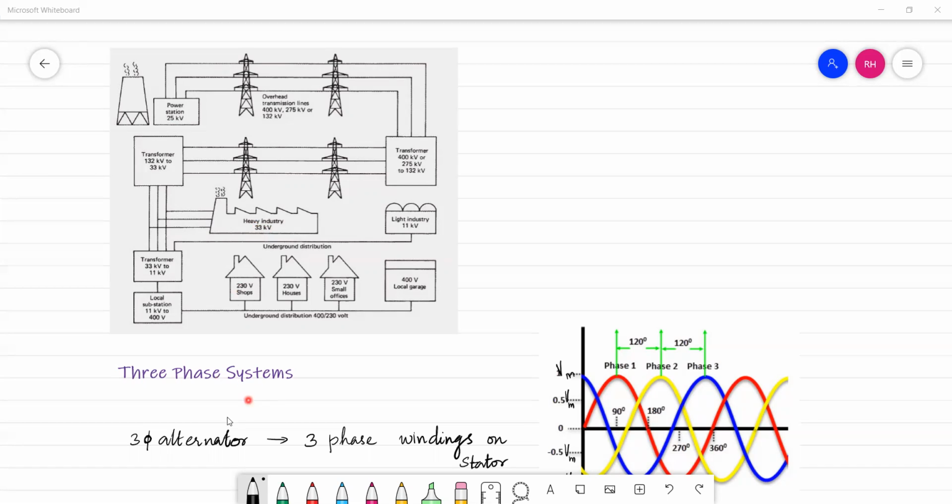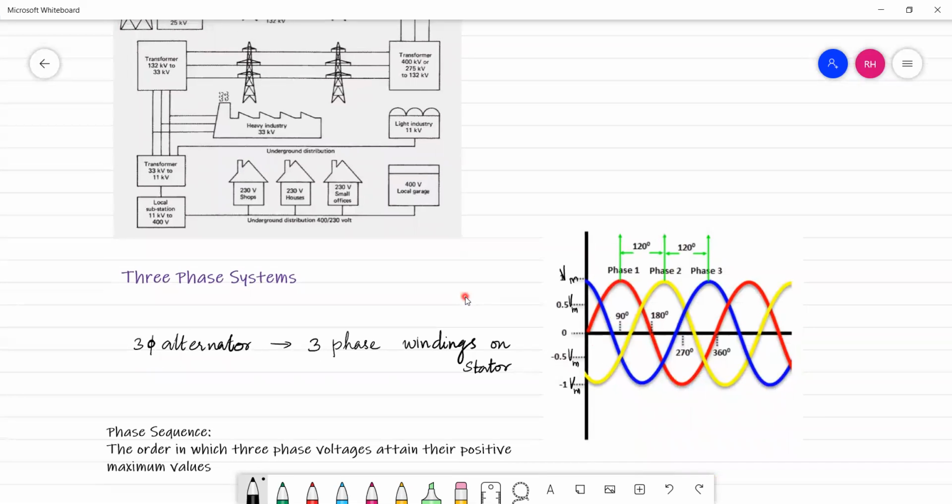In order to generate a three-phase supply, we use a three-phase alternator where three-phase windings are wound on the stator. These three windings generate voltages which are displaced by an angle of 120 degrees. Three windings are displaced equally, the total angle being 360 degrees, so every winding is displaced from another by 120 degrees.